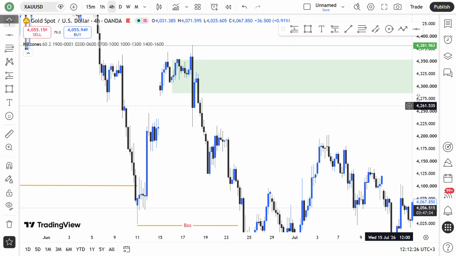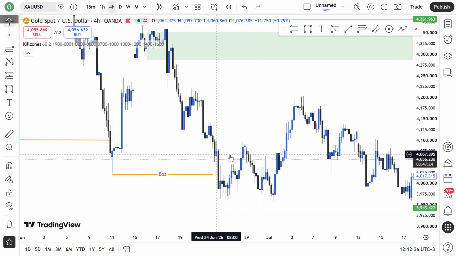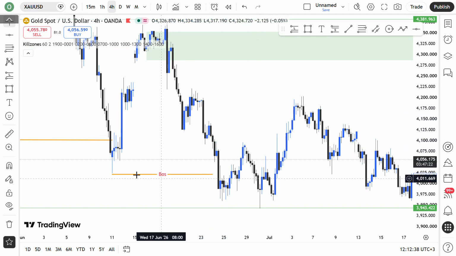We can see clearly price coming in aggressively, giving this low, retracing, taking out this low, giving another break of structure before taking out these external liquidities from a daily time frame.